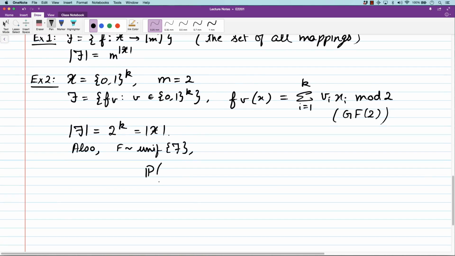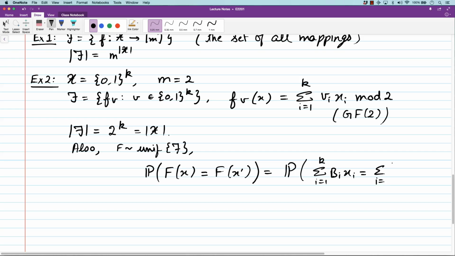So the probability that f(x) equals f(x prime) is the same as, you can check, the probability that the summation over i from 1 to k of b_i x_i equals the summation over i from 1 to k of b_i x_i prime, mod 2.